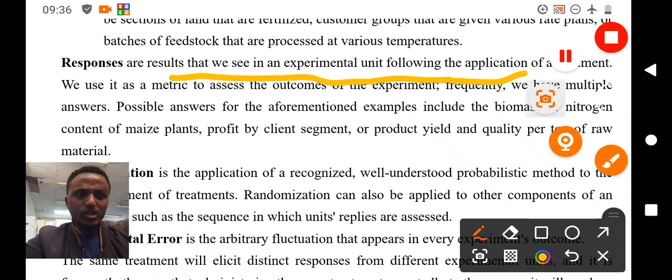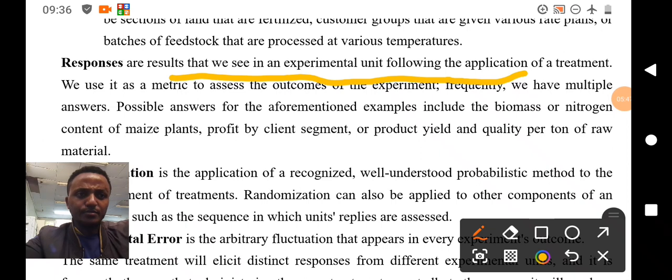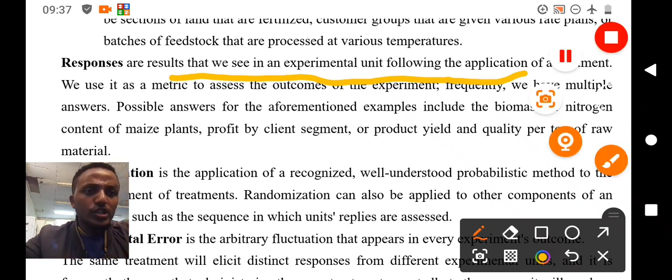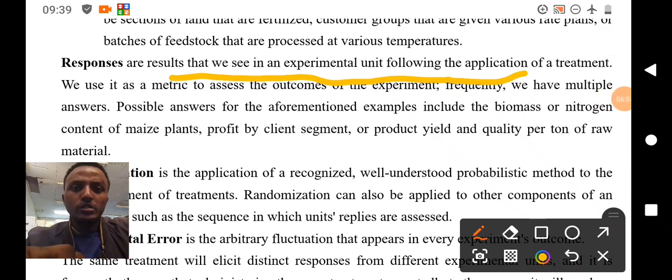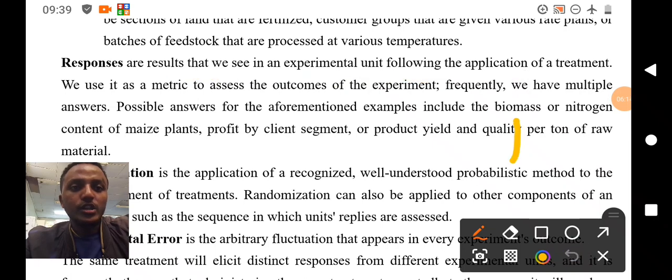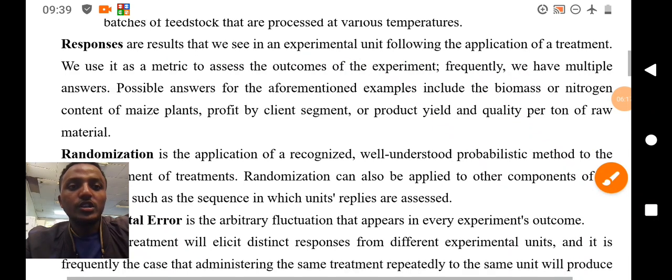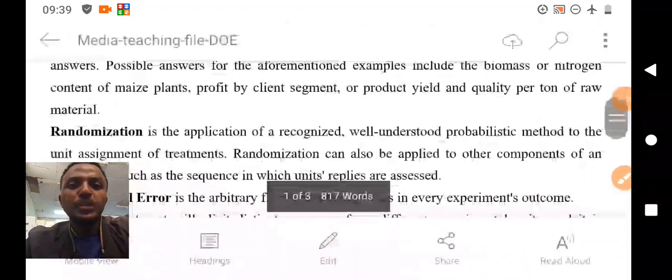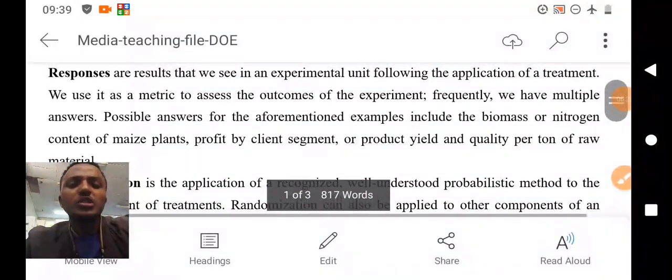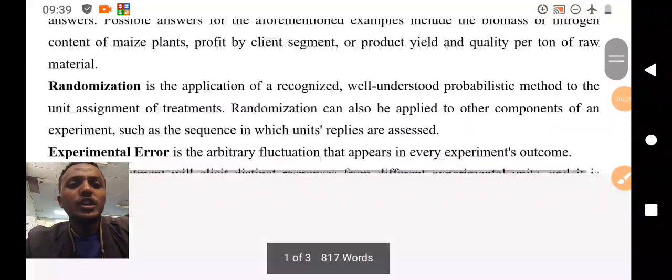To understand the basics about experiments, understanding response is also one of the basic scenarios. So in relation to treatments and responses, this is the way that an experiment has to be conducted.